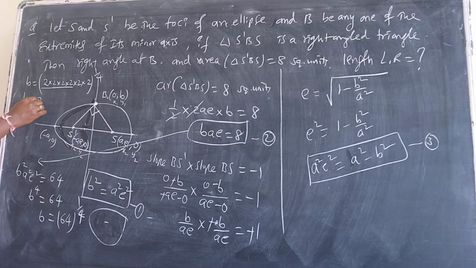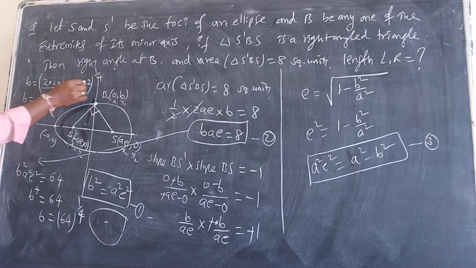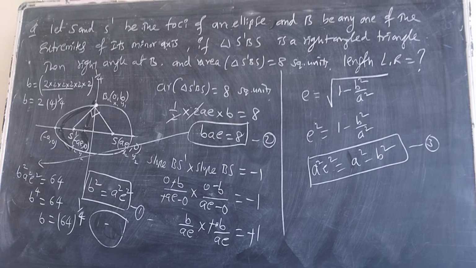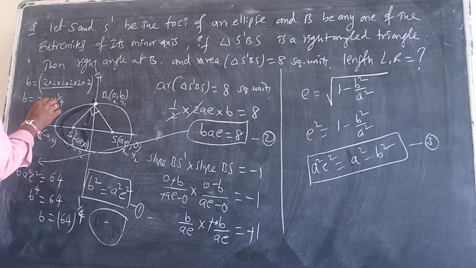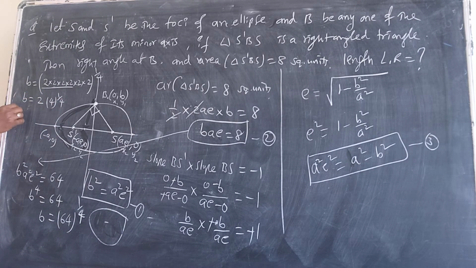So b is equal to 2 and you get the 4th root of 2 squared. So you get 4 power 1 by 4. So that is 2 root 2. So this is nothing but 2 square root cancel. So b is equal to 2 root 2.